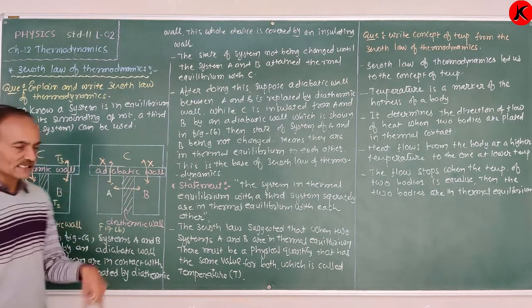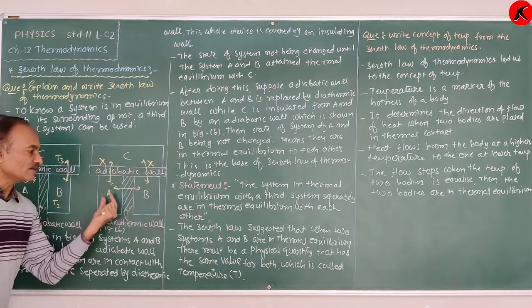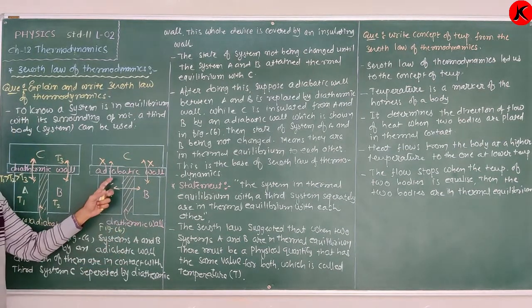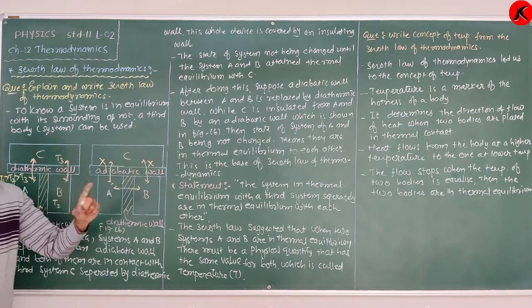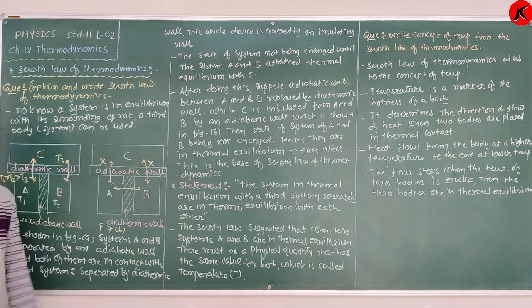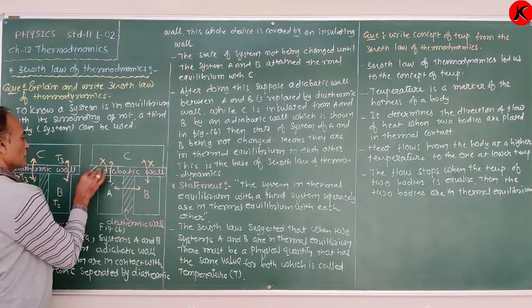So in this case, what happens? The exchange of heat takes place between A and B. But the exchange of heat between A and C and between B and C does not take place, because of the non-conducting wall.